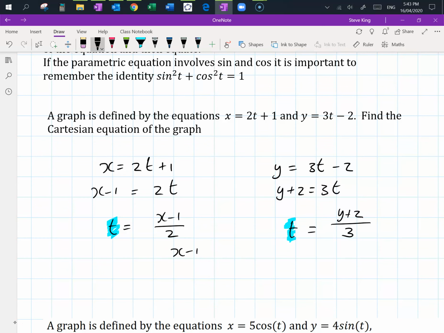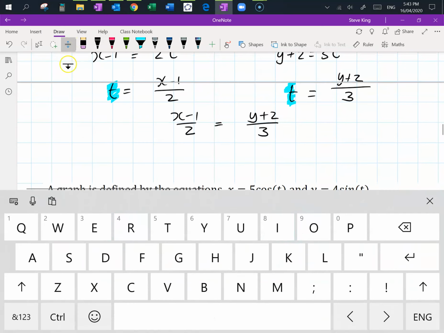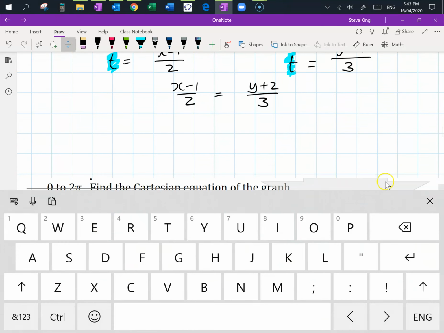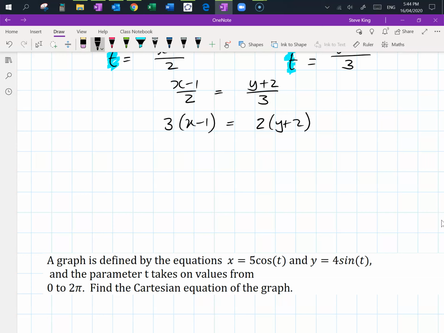I can say x minus 1 over 2 is equal to y plus 2 over 3, and all I have to do now is to go and rearrange that equation so that we have y the subject of the equation. So multiply through by 6, and I'm going to get 3(x minus 1) is equal to 2(y plus 2). What have we got here? Not 3.